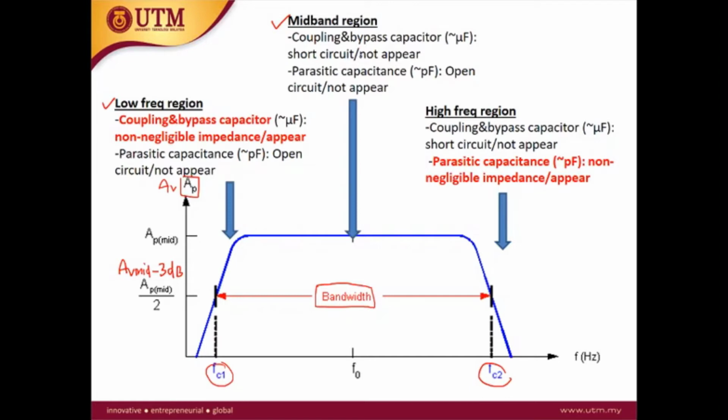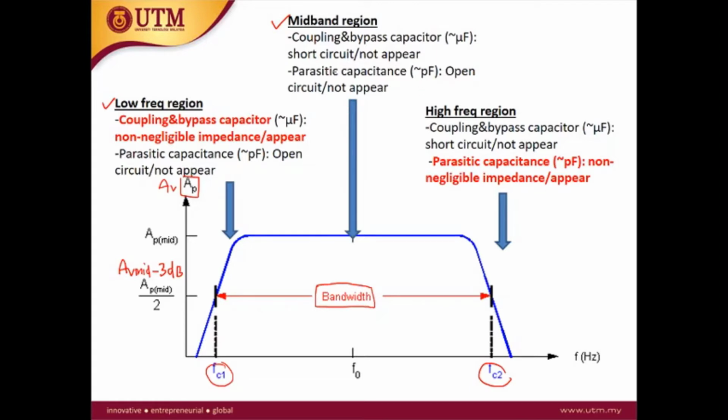For the mid-band region, we consider the coupling or bypass capacitors to be short, because we assume that in the mid-band region the impedance of the bypass and coupling capacitors is small and can be ignored. It is small to the point that it is comparable to the impedance of the wiring or the connection.